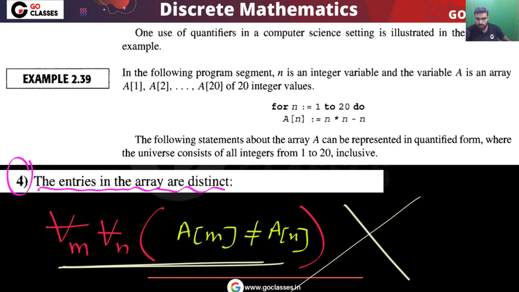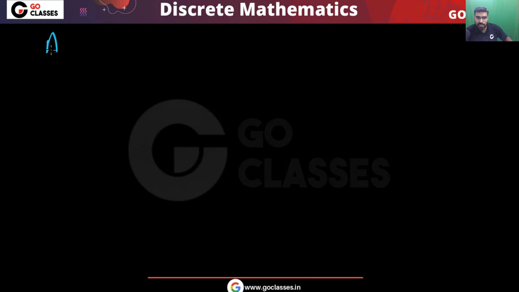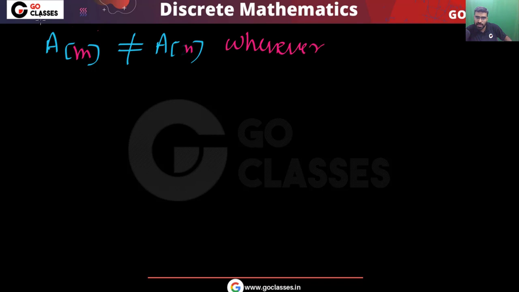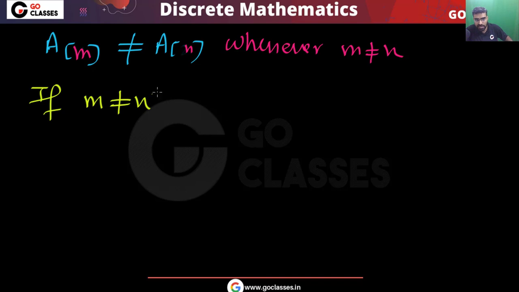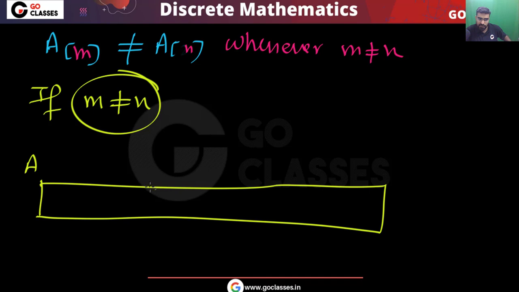Actually what we should say, basically we want to say that a1 is different from a2, and a1 is different from a3. So basically what we want to say is that am is different from an whenever m is different from n. Let's assume this is the array, this is the index m, and this is the index n.